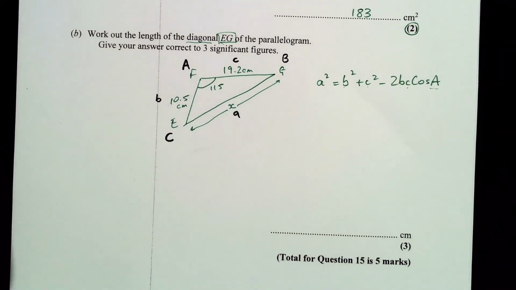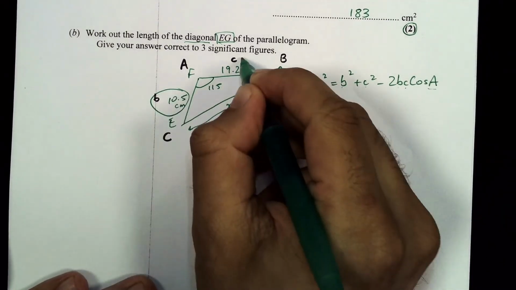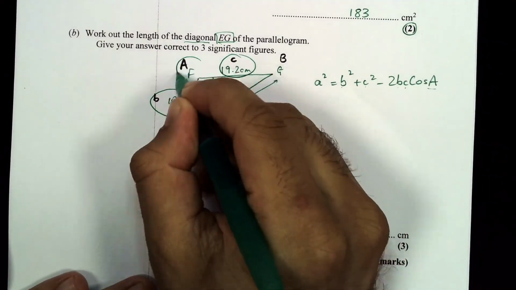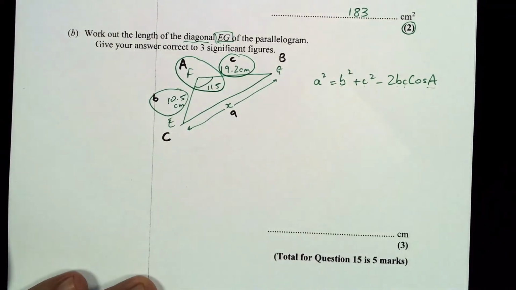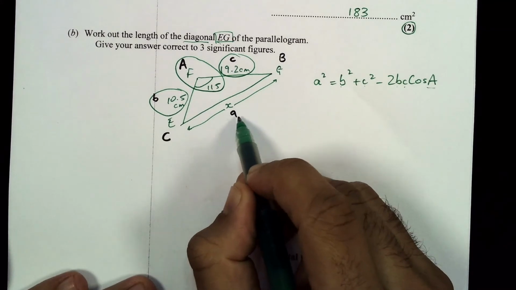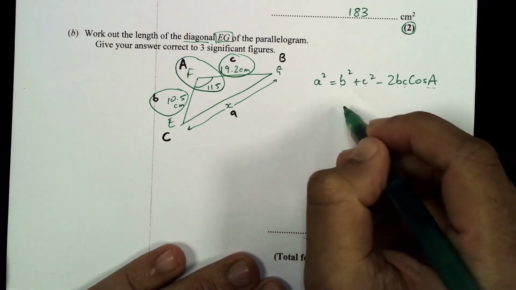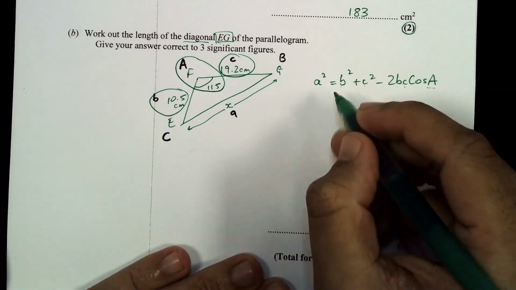And as you can see, I have got b there. I have got c. And I have got angle A. I have the 3 bits I need. So I can work out what a squared is going to be, and then just remember to square root it at the end. So let's substitute in these numbers.